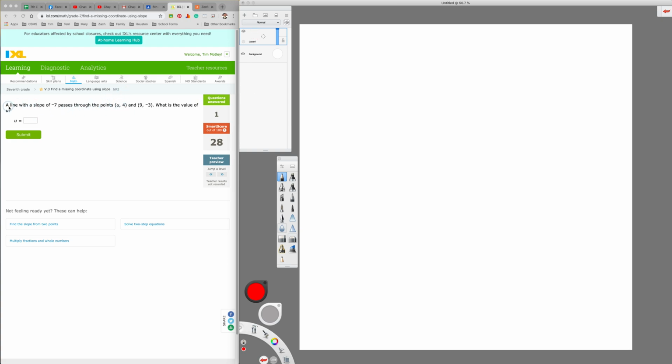This one, the line with a slope of negative 7. So slope is the difference in the y's divided by the difference in the x's. And we know the slope is negative 7. They tell me that. My two points are (u, 4) and (9, negative 3).